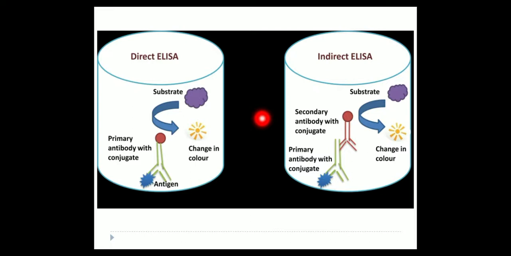By comparing and studying both graphs, we can clearly know the concentration of particular antigens or antibody in the given sample or serum. So guys, this was the basic concept and principle of the overall process of direct ELISA and indirect ELISA.